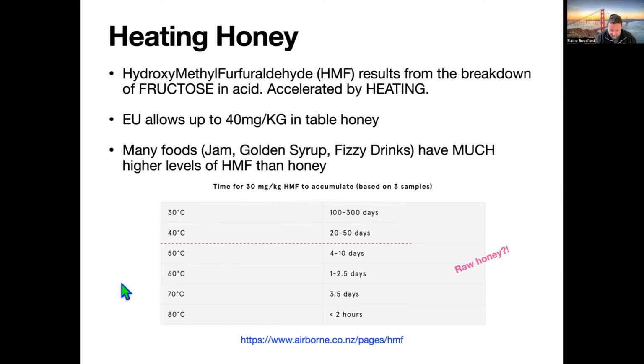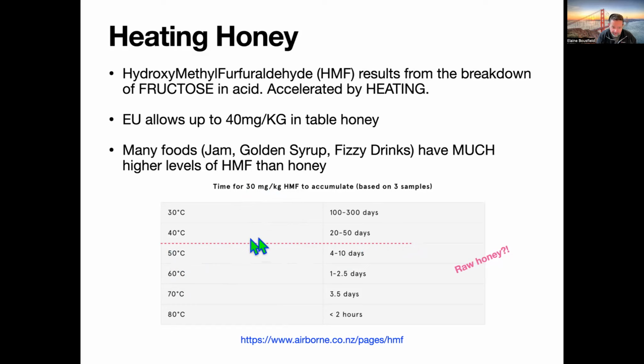So I have no choice but to heat the stuff. But it's comforting to see that even if you heat it to 50 degrees Celsius, it would still take about 4 days to get anywhere near being in trouble with the amount of HMF. And there's no way you would do that. I typically heat it to around about 46, 47 degrees Celsius for about a day.